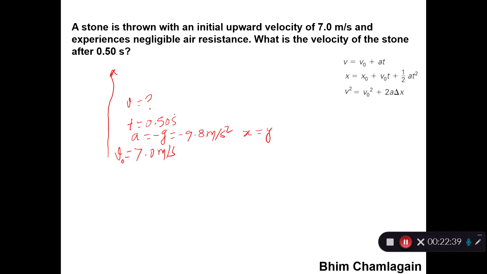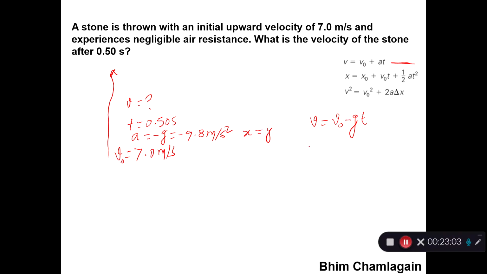Which equation do you want to use? The first equation, so you can modify it: v is v, v naught is v naught, a is g, but it's vertically upward motion, so it is negative g, and time is t.